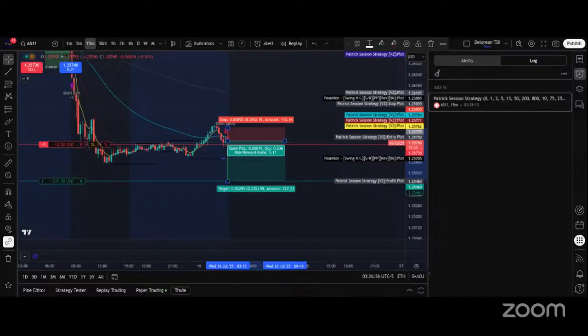Take profit is going to be 1.25460, and that's going to be for 59 pips. Stop loss is going to be 1.25850, and that's going to be for 19 pips. Entry price is going to be 1.25755.